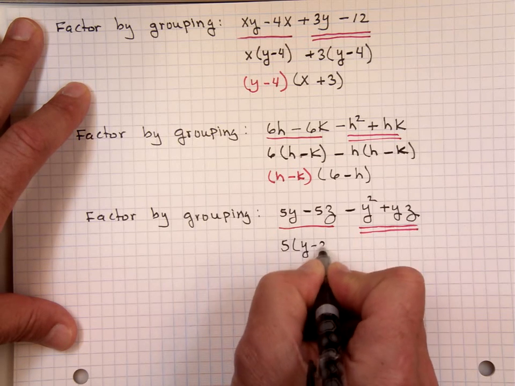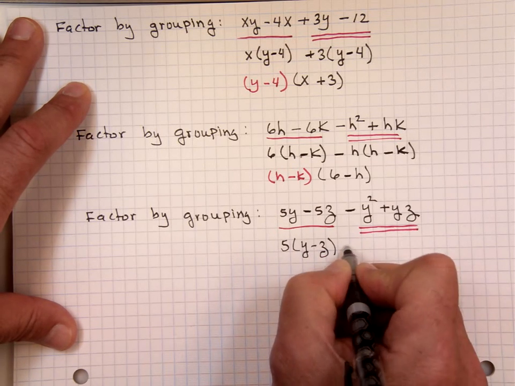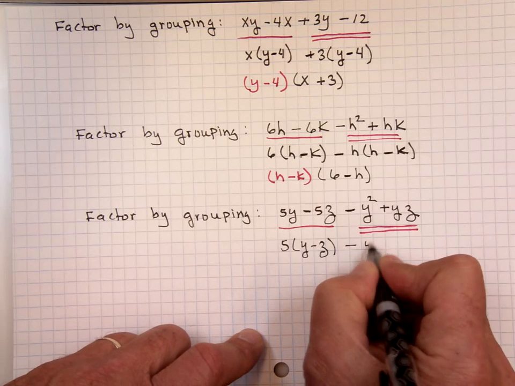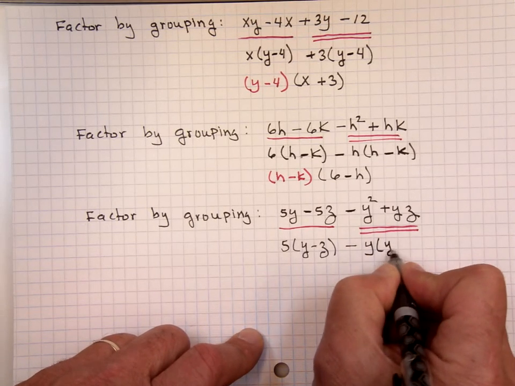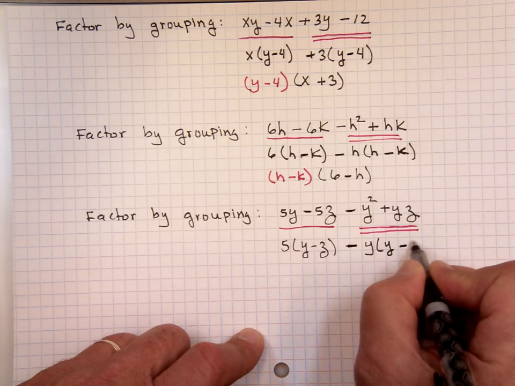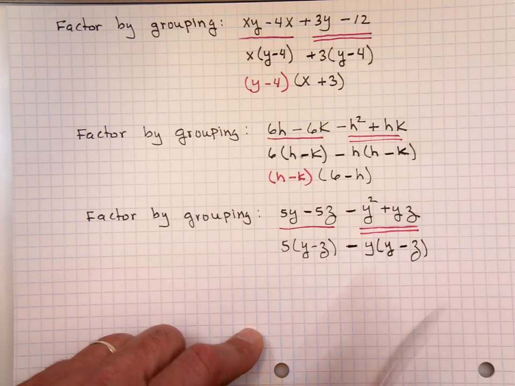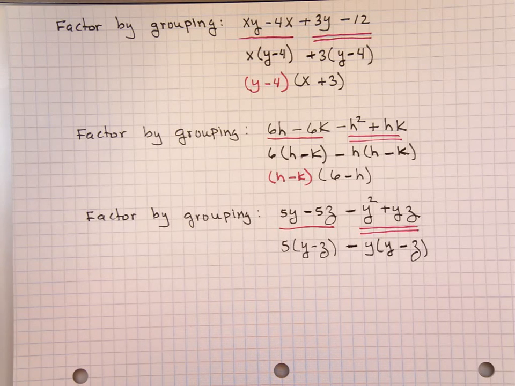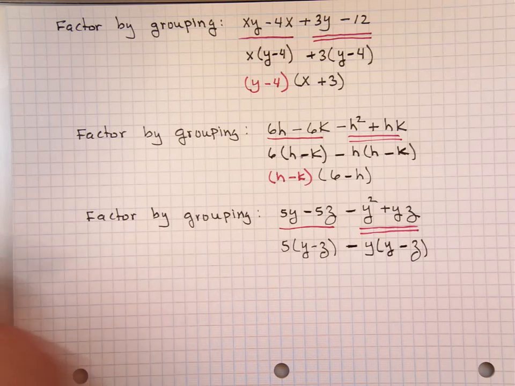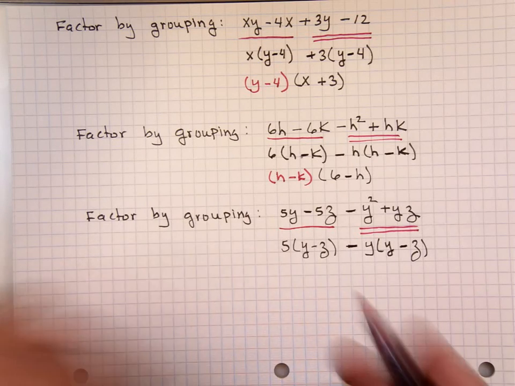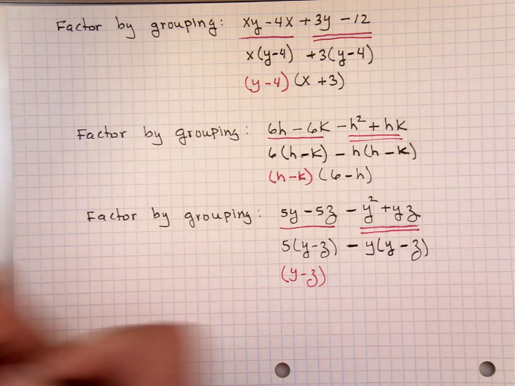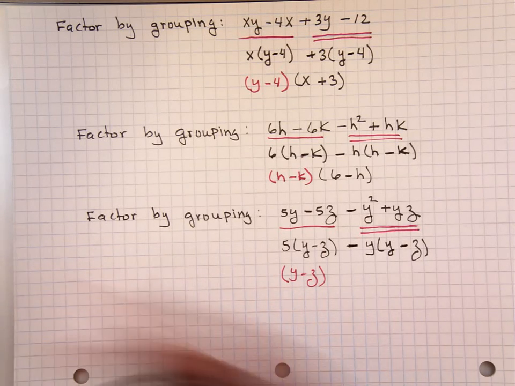Here's the minus sign. These two have a y as a common factor. What's left is y. Again, because I factored the minus sign, this will have to change to a minus z. Minus and a minus will make it a plus. Y minus z is common to both of them. What's left is 5 minus the y.